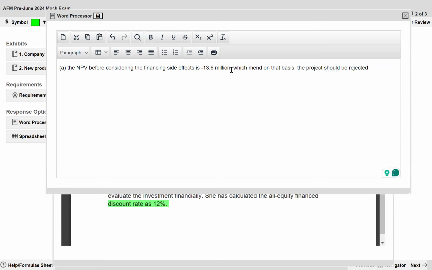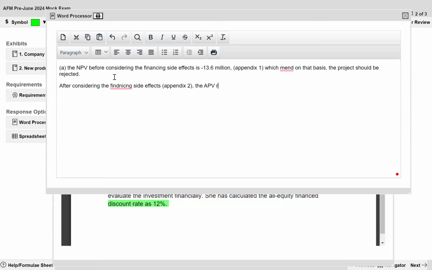Okay, so you can bring here appendix 1 because you named it appendix 1 in your Excel spreadsheet. Then you say, after considering the financing side effects, then you say appendix 2. That's what you have named it.